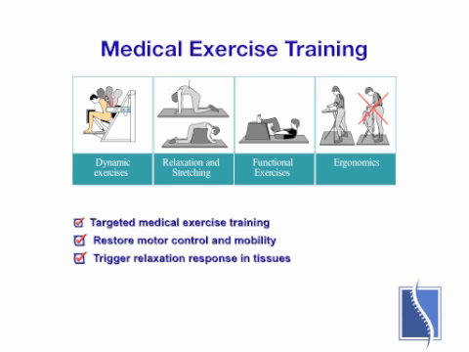The next thing that we do is that we're going to incorporate tissue relaxation. These are stretching activities. These are activities to promote relaxation. Many times following a back pain episode, the muscles will go into what is oftentimes referred to as spasm, so that the muscles become very, very tight.